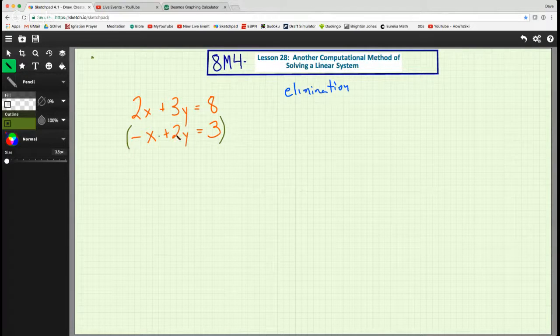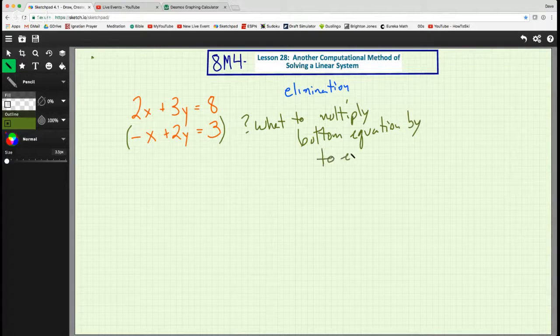So what do I need to multiply this bottom equation by to eliminate x? Well, it's a 2. Because if I multiply this bottom one by a 2, it'll then match this positive 2. So we get negative 2x plus 4y equals 6.